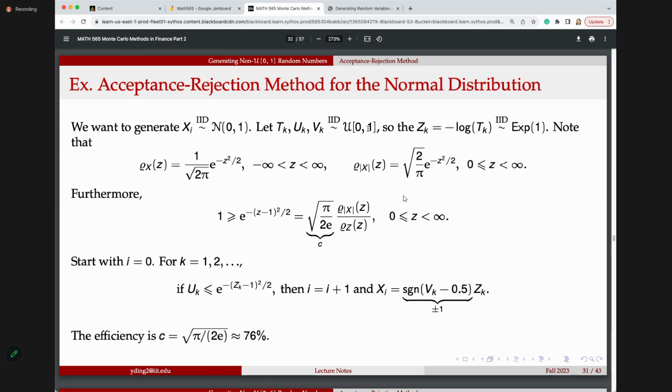We first try to generate an exponential, and this will be our Z. So we will try to generate X with this Z. And how can we generate the exponential? Use the inverse transformation. Consider exponential with lambda as 1, so it's just negative log of T. That's the first step. Is that okay?